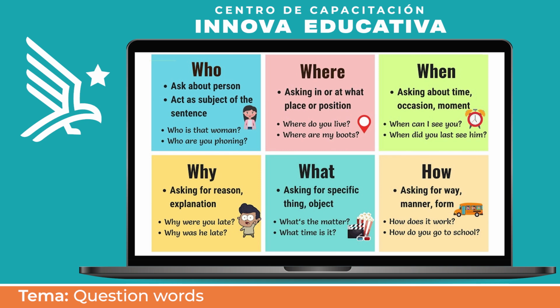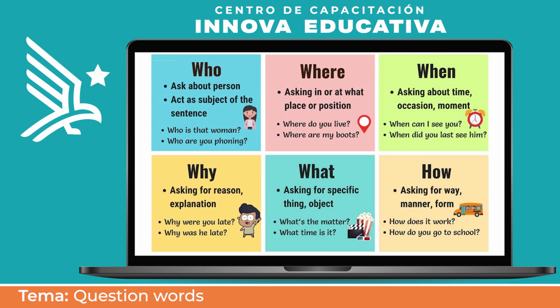But don't forget, we use the question words for present, present continuous, simple past, past participle in all the times in English. Nosotros utilizamos las question words o las WH, se las conoce también, they are well known like WH, conocidas como las WH question.